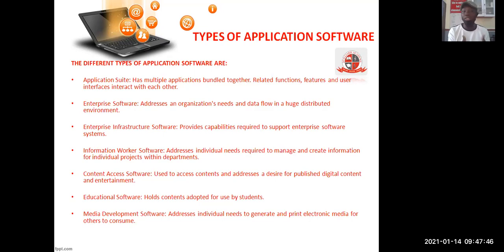Other examples are content access software, which helps you to access content. Educational software holds content adopted for use by students. Media development software is software used to develop media. Those of us who are into graphics, video development, video editing, and audio editing use media development software. So these are the different types of application software, subdivided.